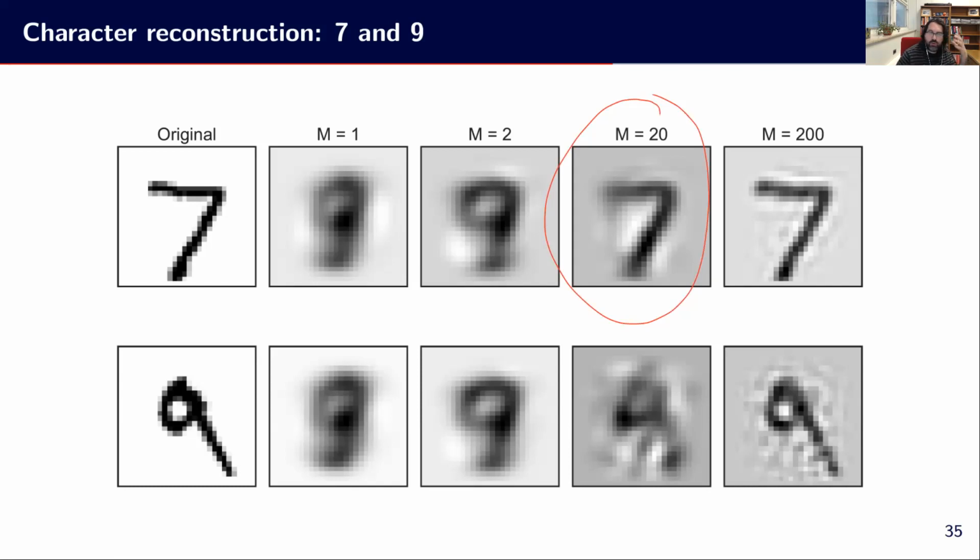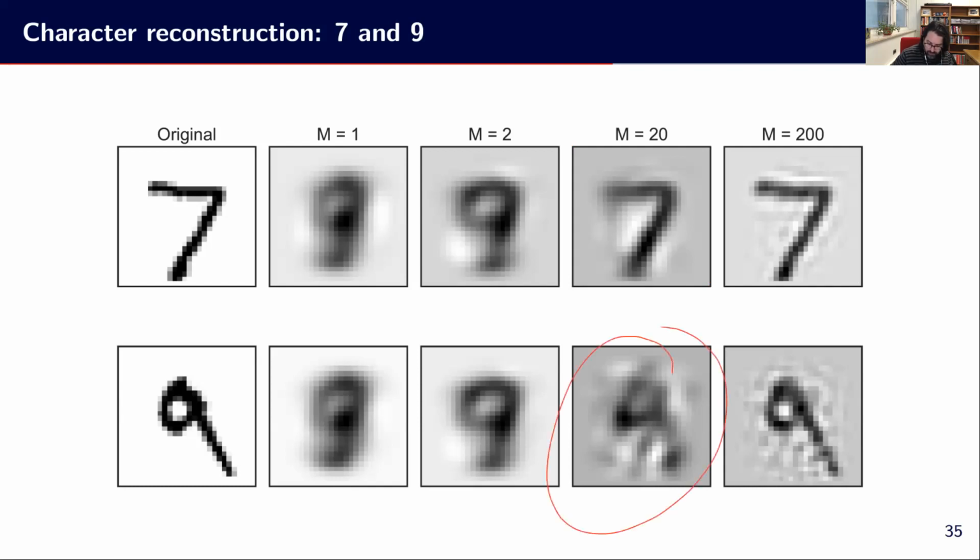Even though there is some gray around it, so it's not perfect, we are capturing most of the 7 at 20, and at 200 it's quite good. We have some artifacts around the characters in terms of the light grays, but the 7 by itself is quite well drawn.